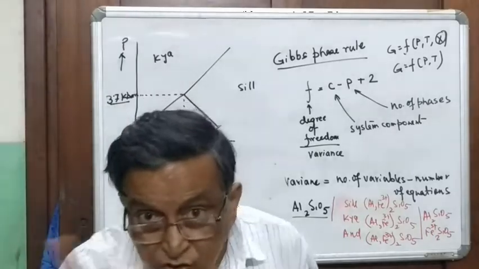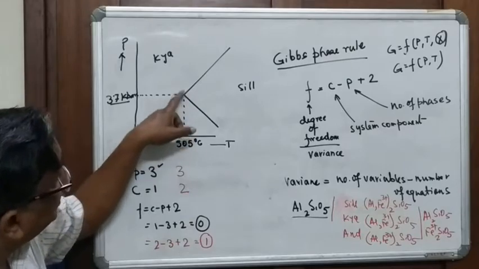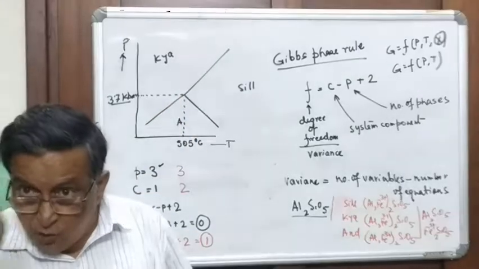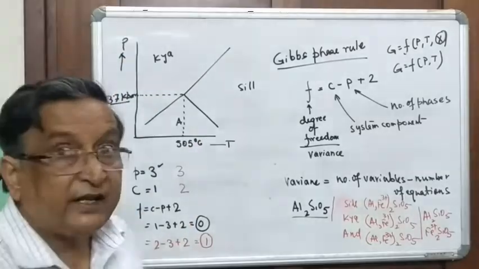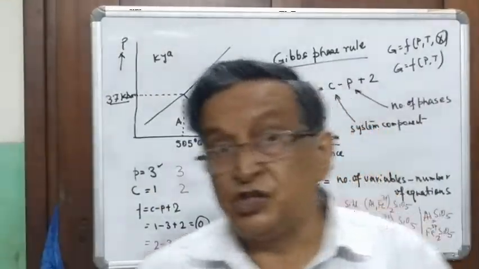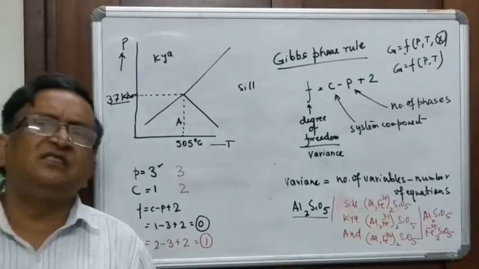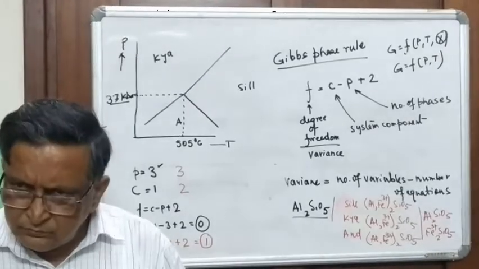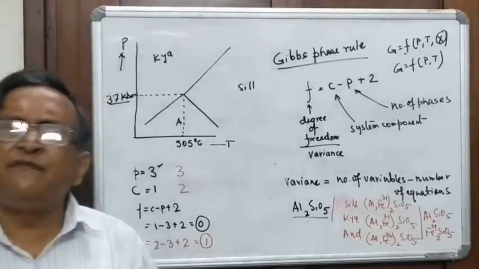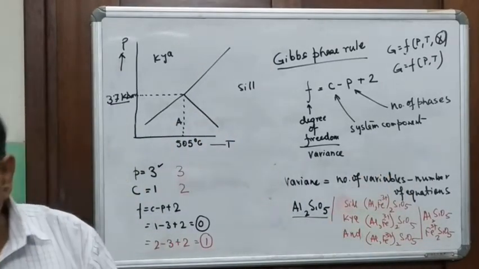So this triple point is no more a singular point in a pressure temperature diagram. It is a function of something else. And what is that function? What could be the variable? What are the other variables now in this new diagram?